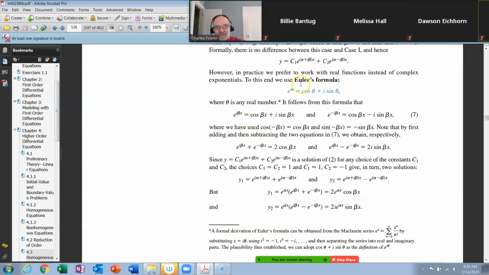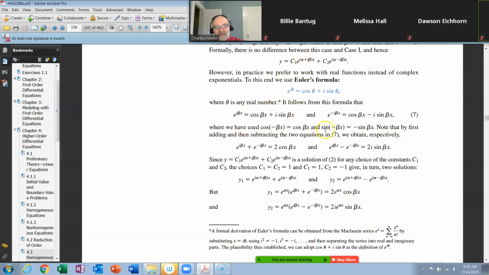So the e to the i beta x that you have here and the e to the minus i beta x here will give you cosine beta x plus i sine beta x, with theta being beta x. So it'd be cosine beta x plus i times the sine of beta x when this is the positive.